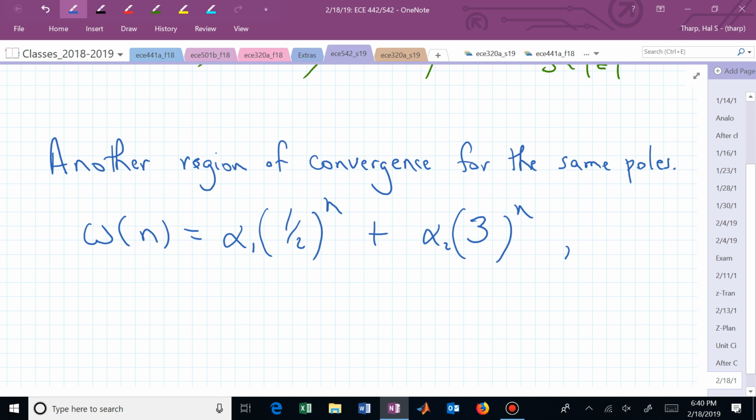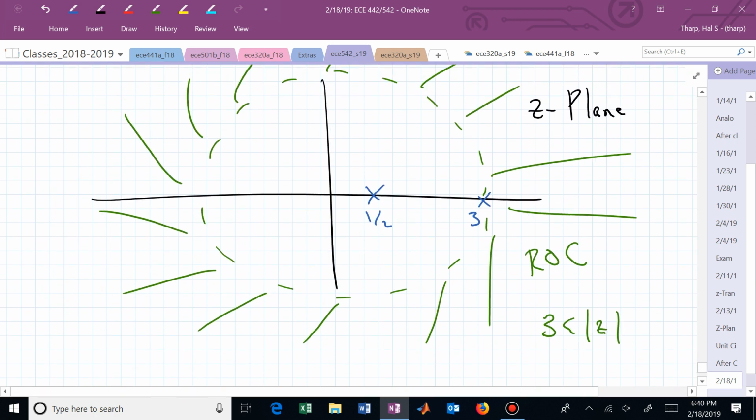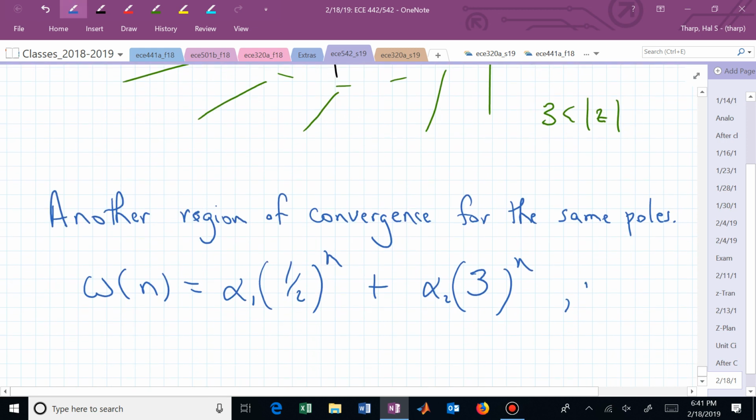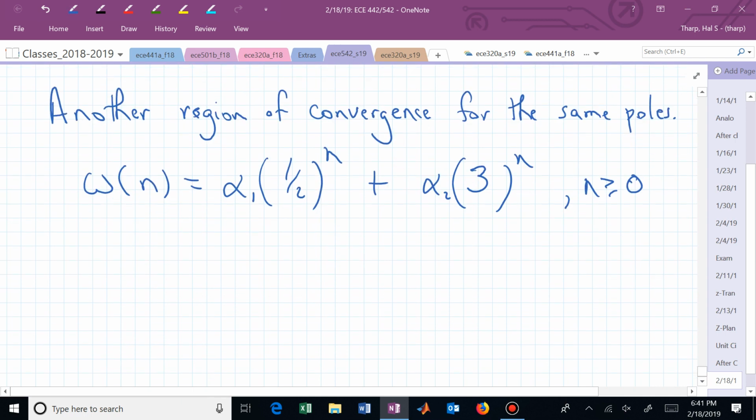Write out your z transform expression and look at what values of z. Look at an extreme value of z, z going off to infinity. Oh, that annihilates, or means that my negative n's have to be 0. I now know that this is true for n greater than or equal to 0.